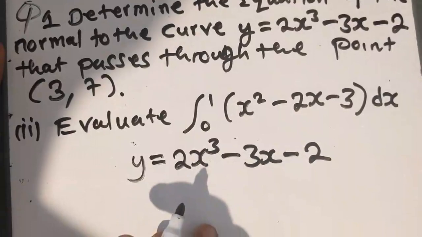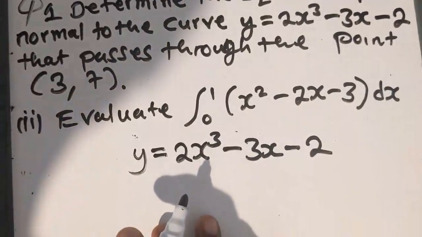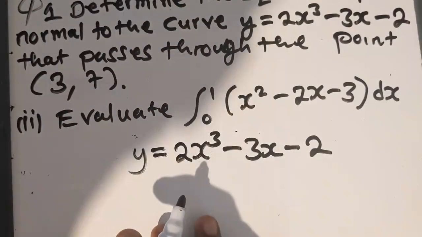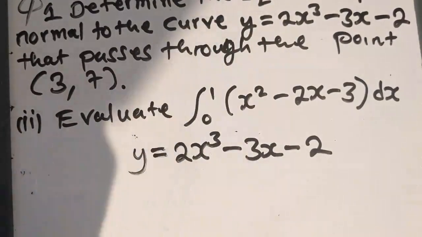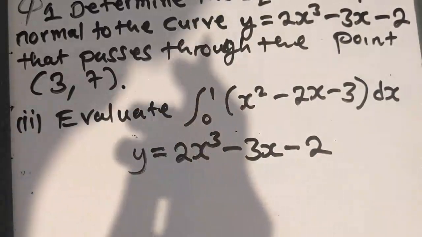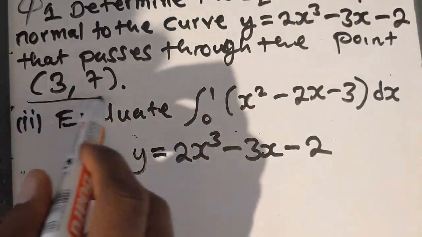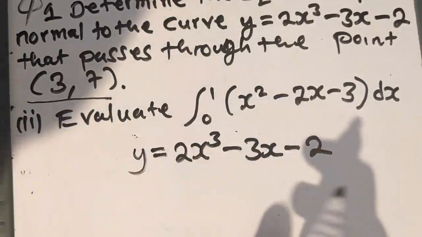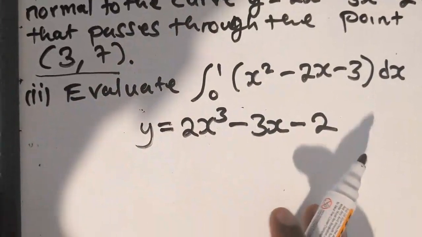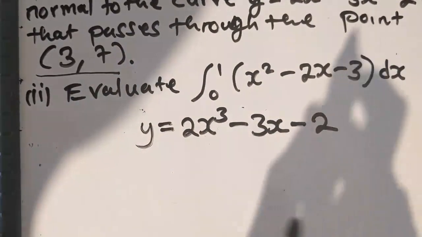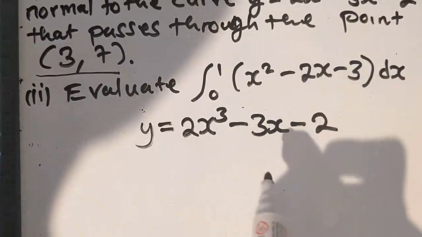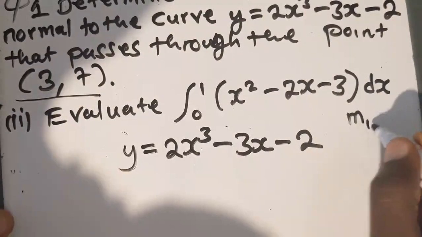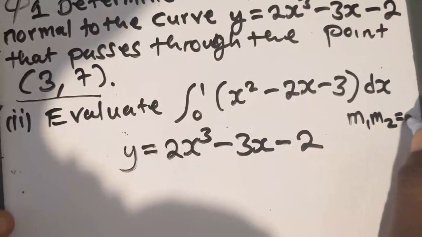Now, to determine the gradient, because you have the points and you need to find the gradient, for you to find the gradient m2 you need first to find the gradient m1, because the formula is m1 m2 is equal to -1.